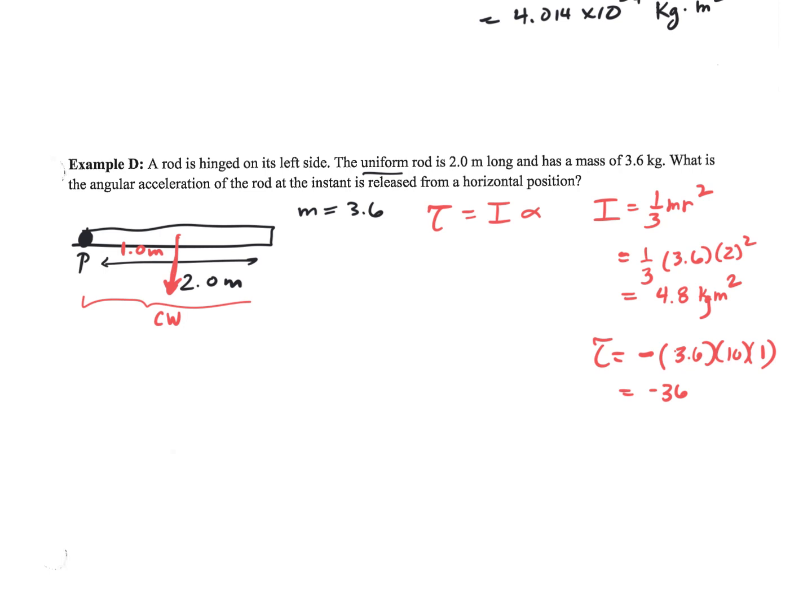So negative 36 is equal to 4.8 times alpha. We divide by 4.8 and we get alpha is negative 7.5 radians per second squared. So there's my angular acceleration.